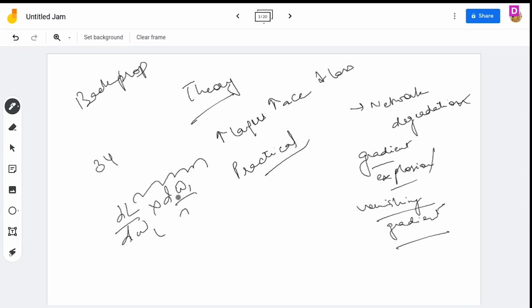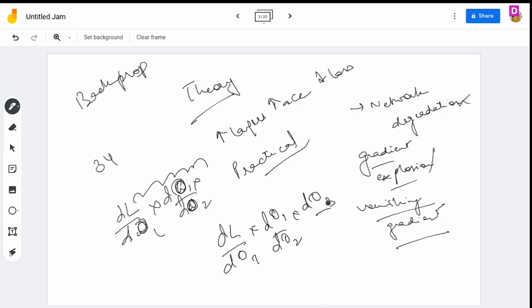So dL by d output 1 into d output 1 by d output 2 into d output 2 by d output 3, and so on. Now if this is a 34 layer network and you have to go very far backwards, this is a very big multiplication.